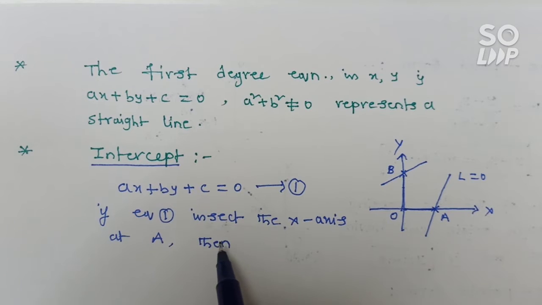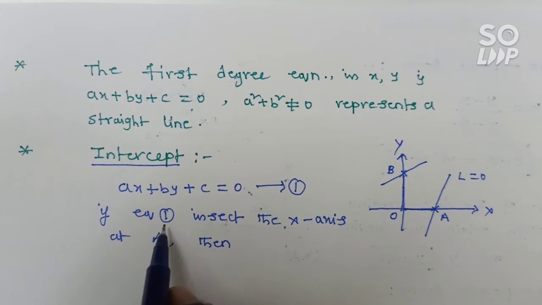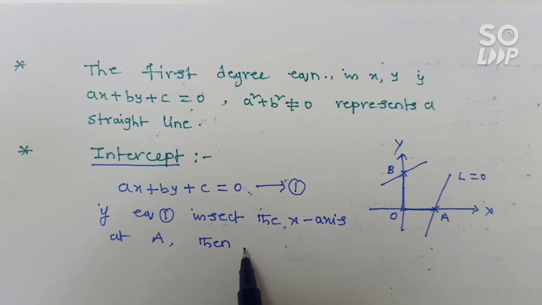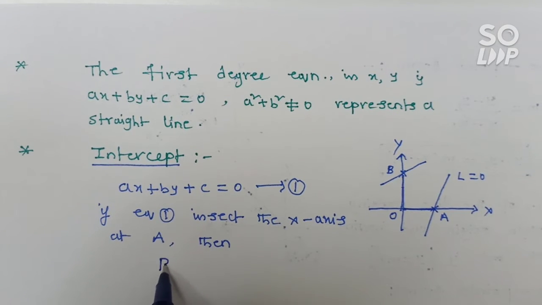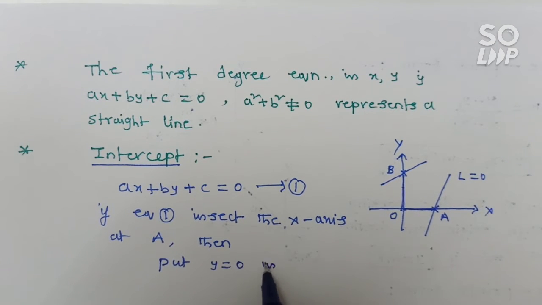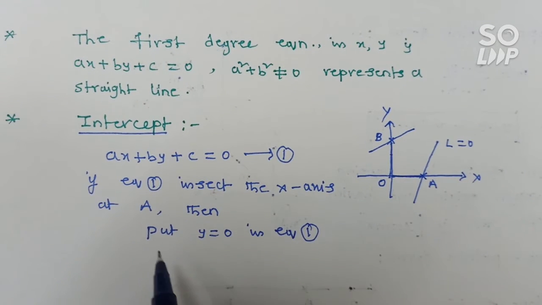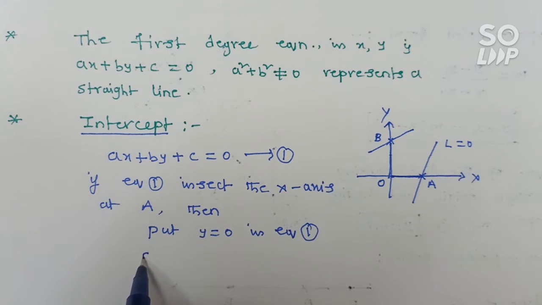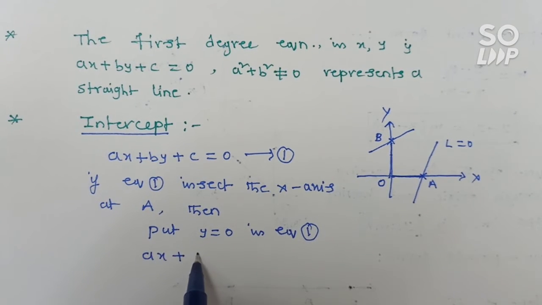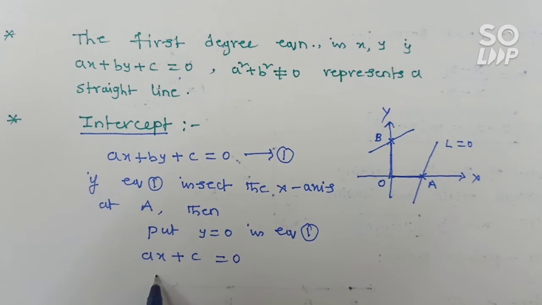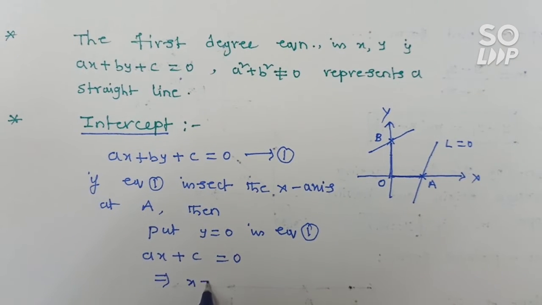If equation 1 intersects the x-axis at A, the x-axis equation is y equals 0. Then put y equals 0 in equation 1. So what we will get is ax plus c equals 0. That implies x equals minus c by a.